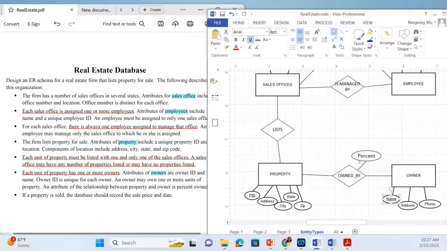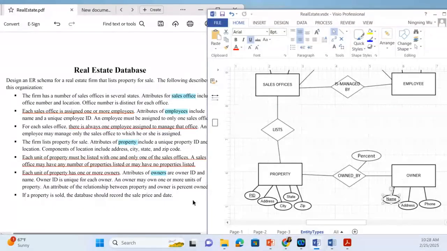I want you to understand that this relationship attribute will be appended to each relationship instance, so it is able to capture the percent for each property by a specific owner.